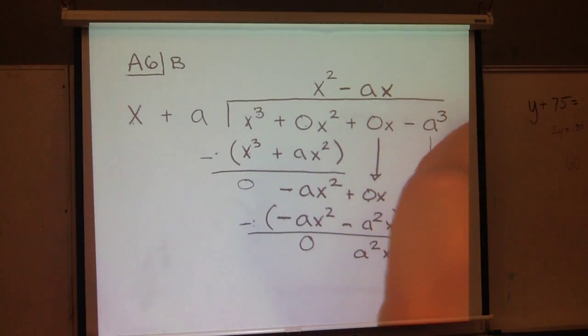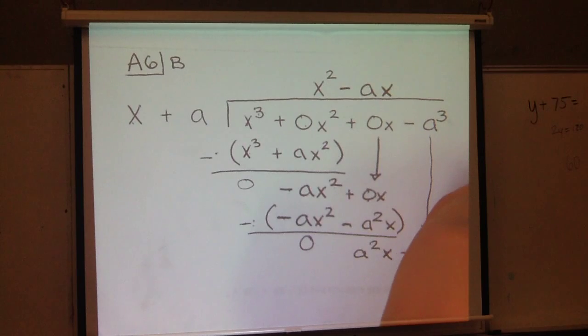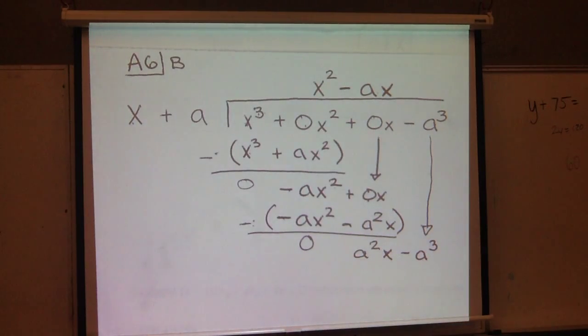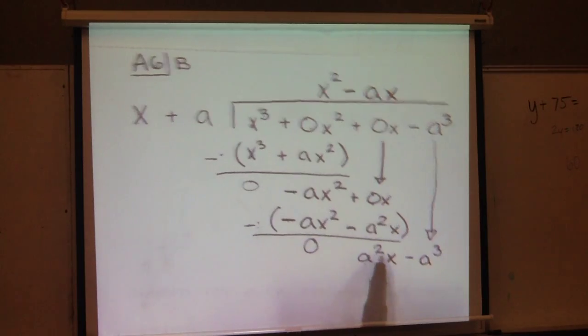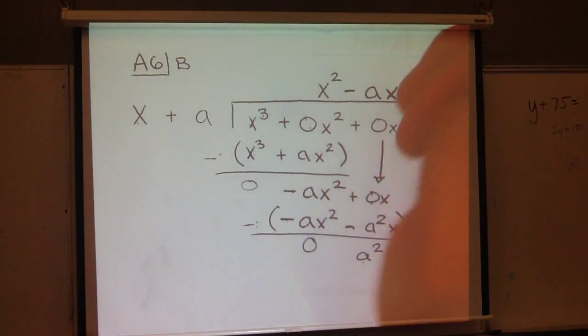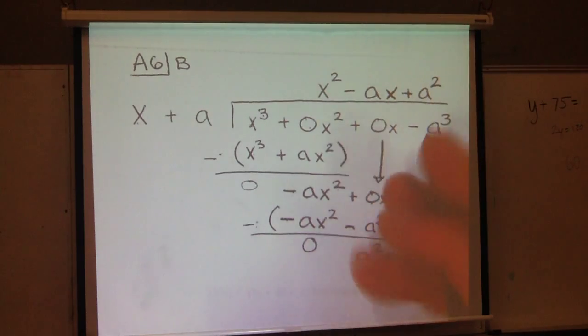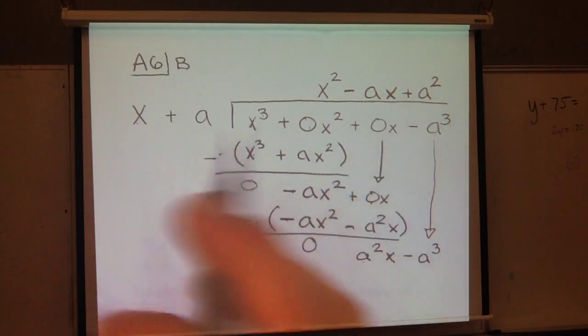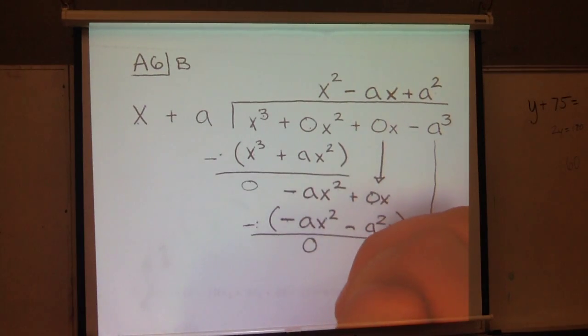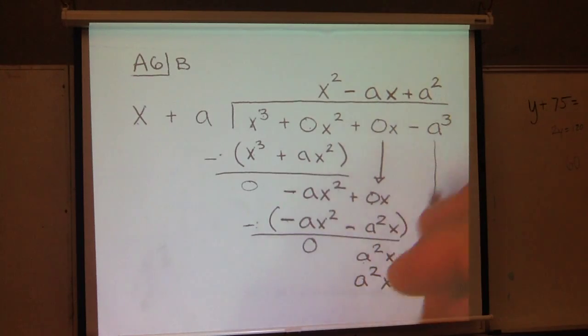We bring down negative a cubed. We do our division. A squared x divided by x is going to leave us with positive a squared. We do our multiplication. We get a squared x plus a cubed.